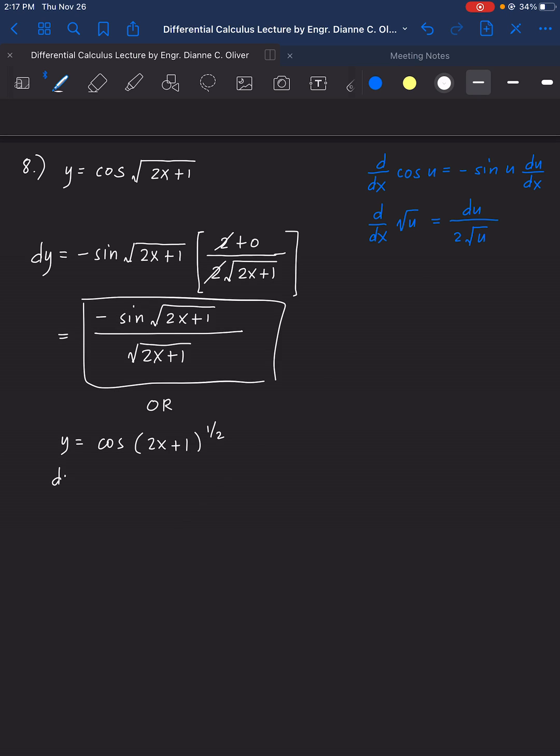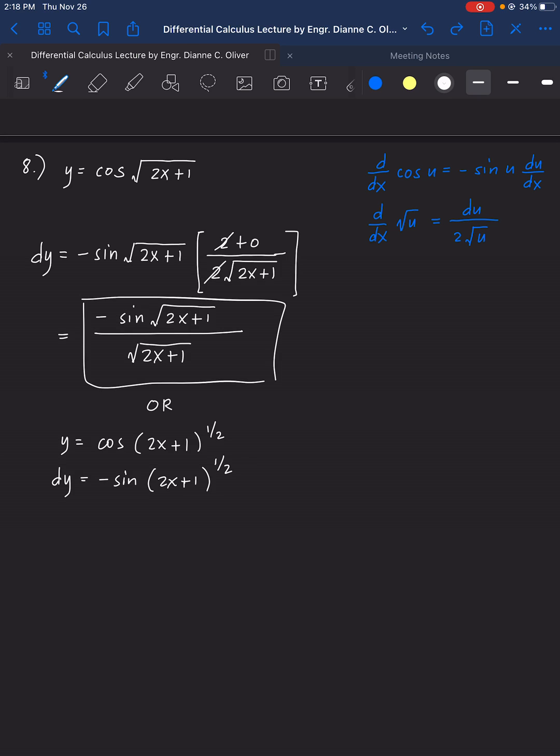So this becomes dy equals, for the derivative of cosine, we have negative sine of 2x plus 1 to the 1/2. So we are copying it. So we are at this point here. And then the next point is the derivative of u, which is 2x plus 1 raised to 1/2.